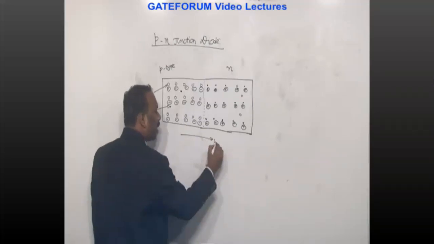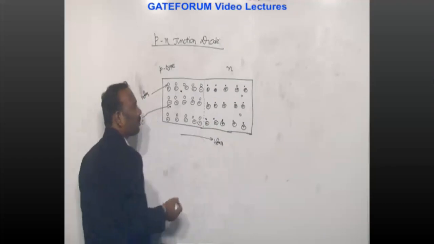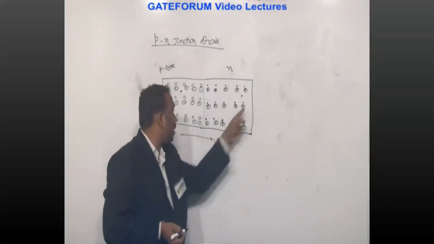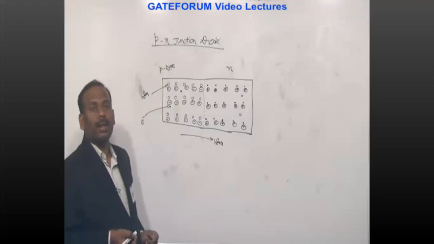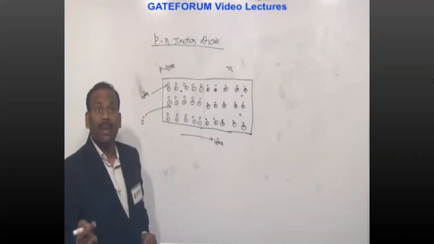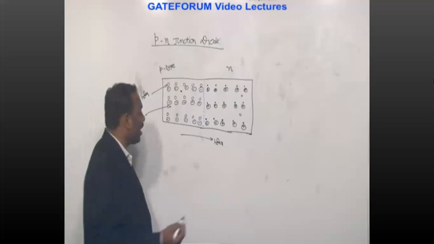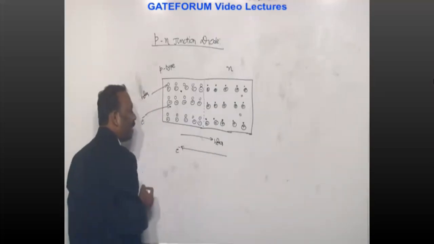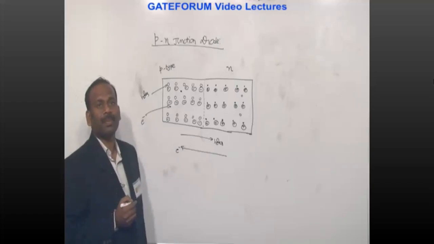Therefore, holes will move from here to here. Here more electrons, here fewer electrons. That means in this direction a concentration gradient exists. Therefore, electrons will move from the high concentration area to the low concentration area, so electrons are moving in this direction.